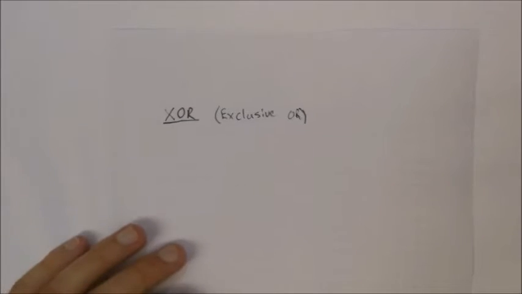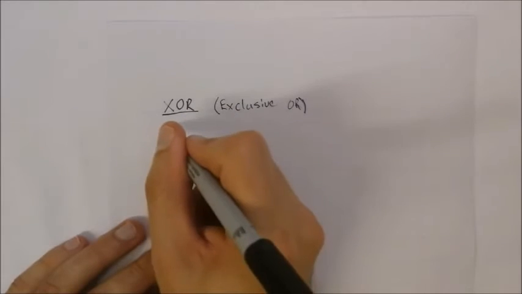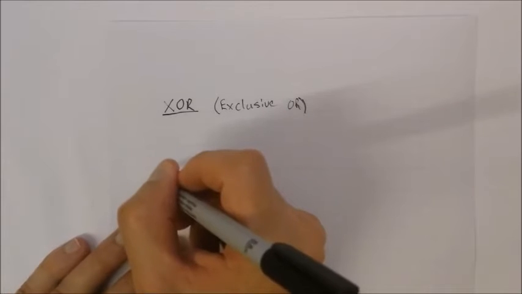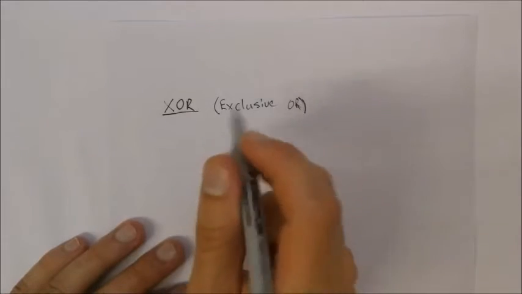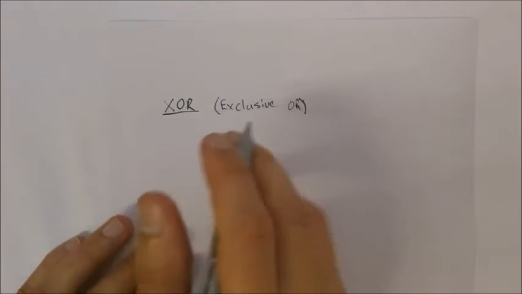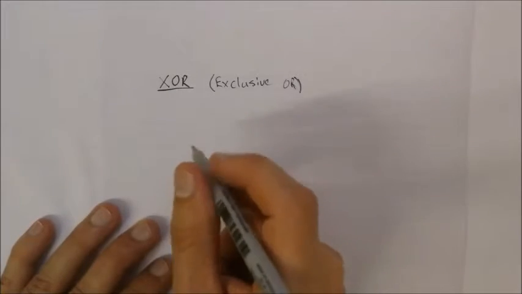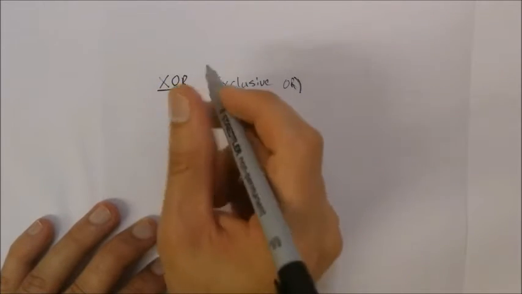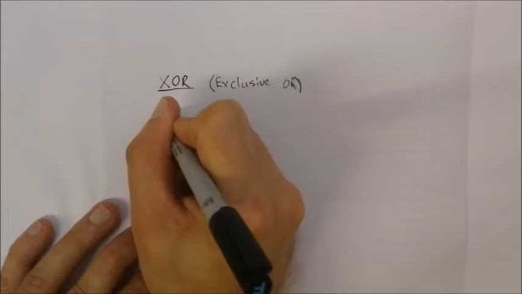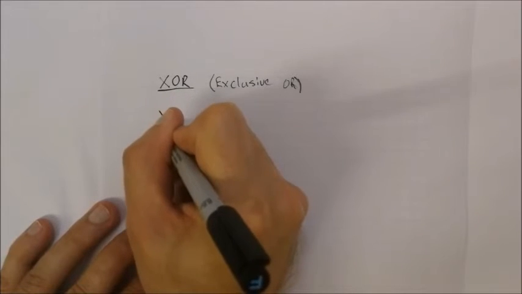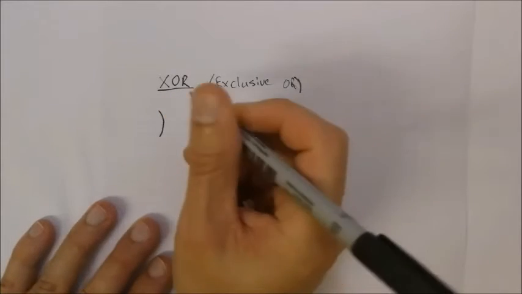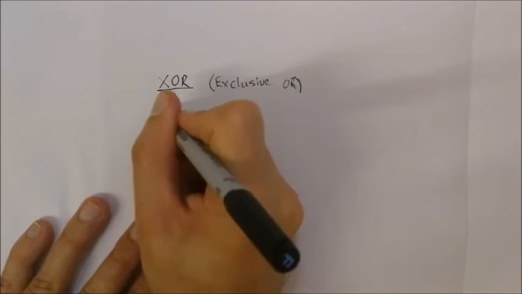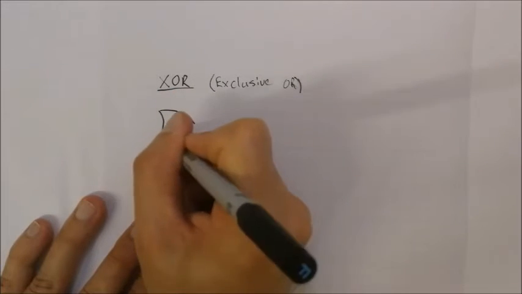So the symbol for the XOR gate, well, there's a circuit diagram involved for this as well, but it gets very complicated, very confusing, so I'm not even going to go into that. But the symbol for the XOR gate is, as you've got for your OR gate, your curve back, which then goes out towards a point.